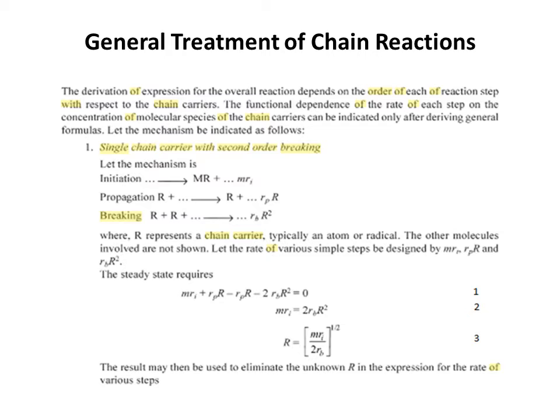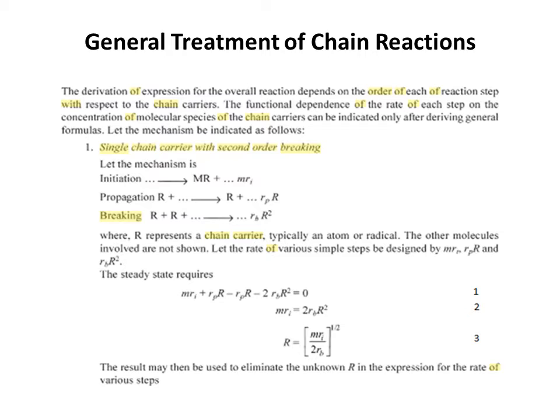Initiation: it will give you R, that is the active intermediate or chain carrier, with the rate constant k_I.